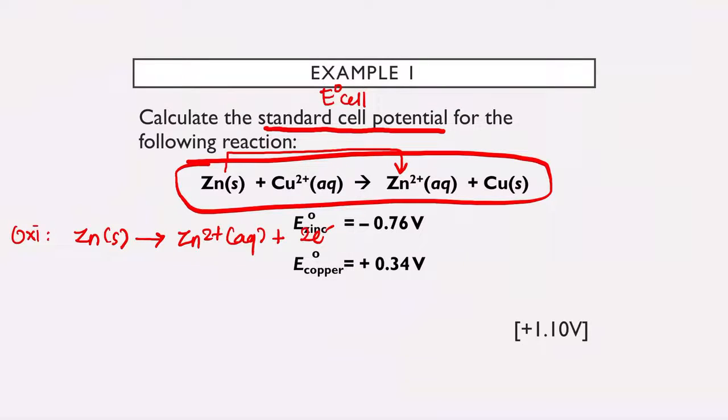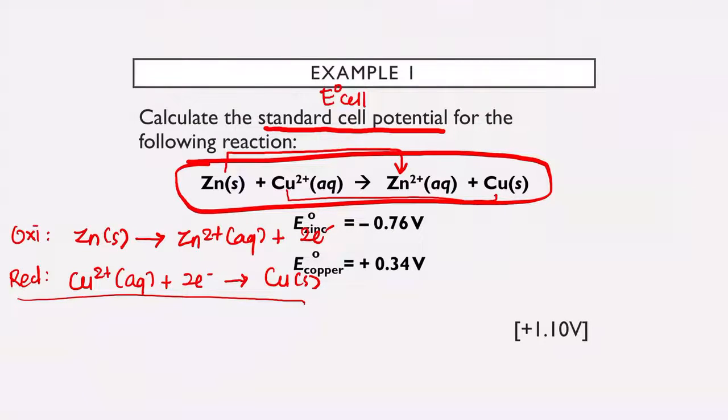And then you have your reduction. Reduction is your copper 2 plus becoming copper solid. So copper 2 plus will undergo reduction, plus 2 electrons to form copper solid. Okay? Alright. Lepas tu, you can get your overall. Okay, overall tu yang ni lah.